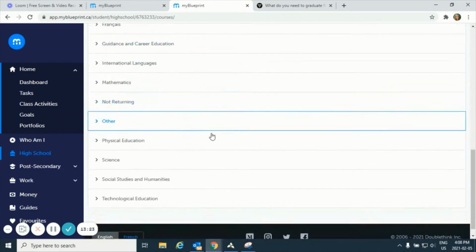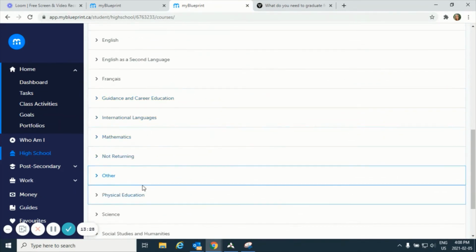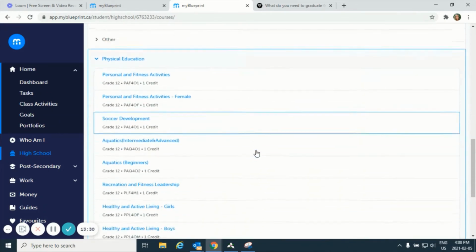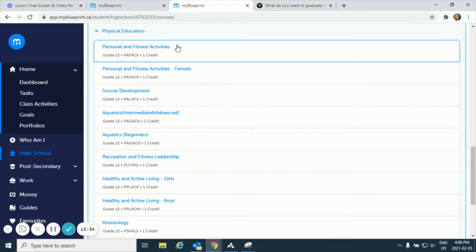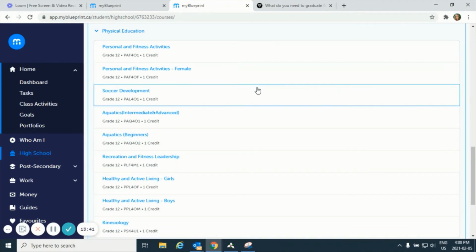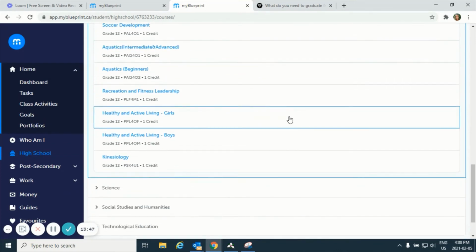I'm going to go down and check out the courses in the phys ed department because I do like to stay pretty active. I see all these courses here, but they look like they're open level courses. And I know that the universities would not use a grade 12 open level course to calculate my average.